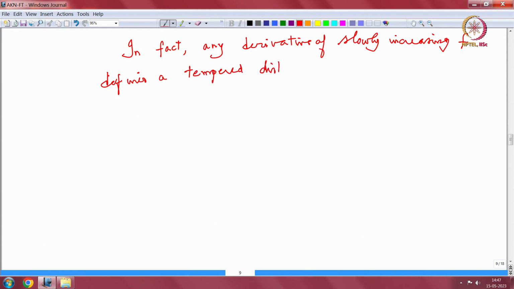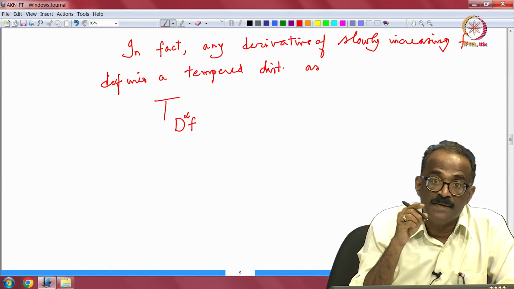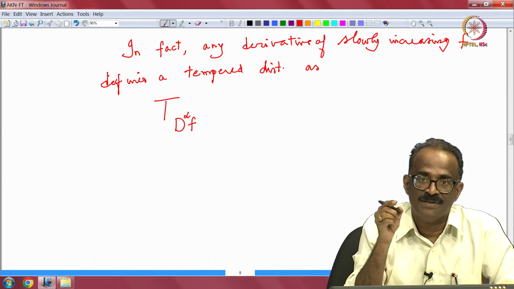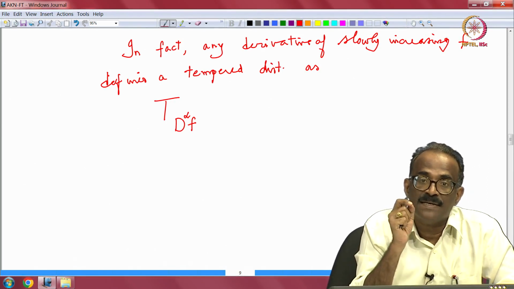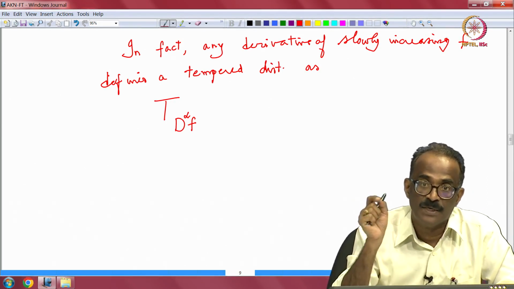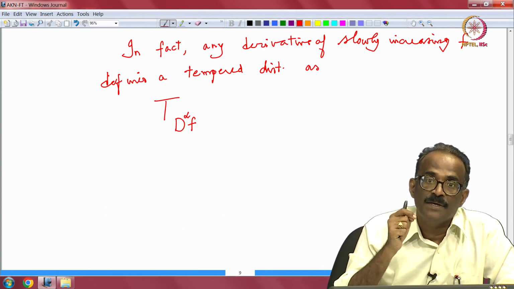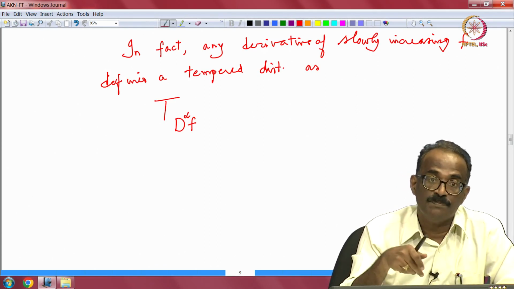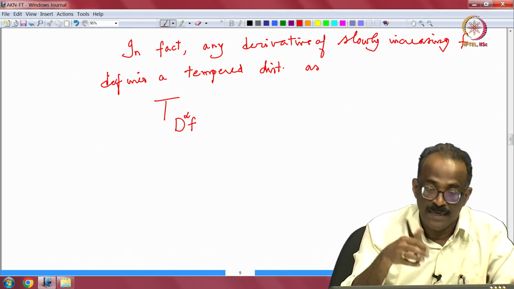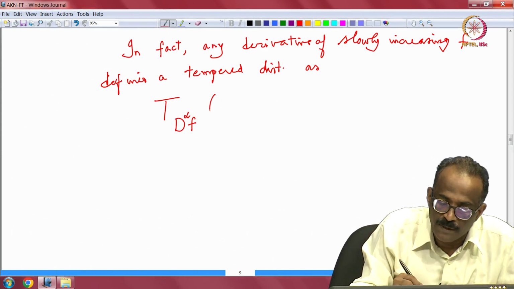Please keep it in mind that for d power alpha, even though f is a slowly increasing function, the derivative need not be a function. So, when I am writing T d power alpha of f, do not mistakenly take that this is a distribution given by a function. No, it is given by a distribution only. D power alpha can be a function, or not be a function.